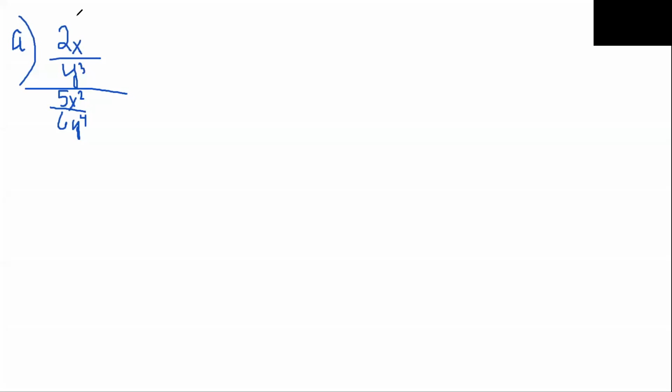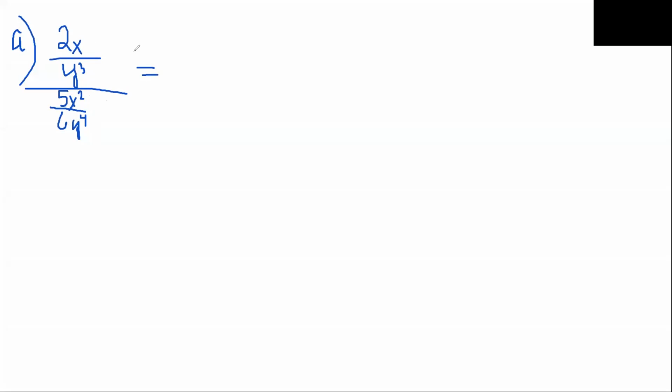Okay, example A, 2x over y cubed divided by 5x squared over 6y to the fourth. What needs to occur here is that we realize with step one, we have a single numerator and denominator, so we know that is already expressed. We then have our bottom fraction with a single denominator.